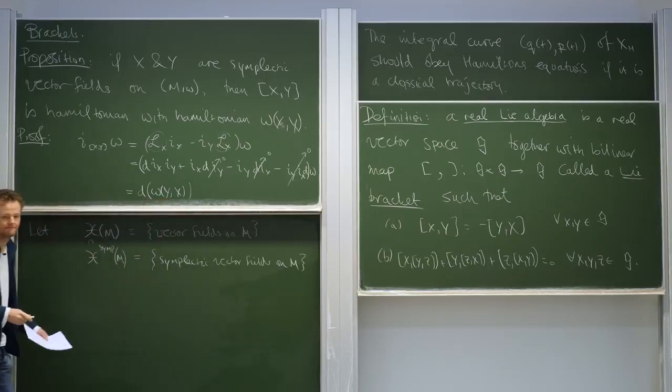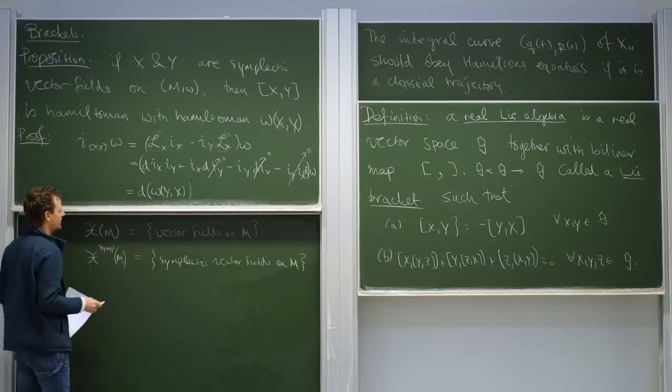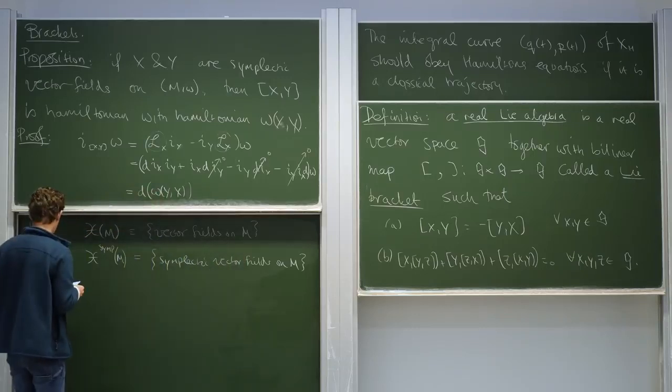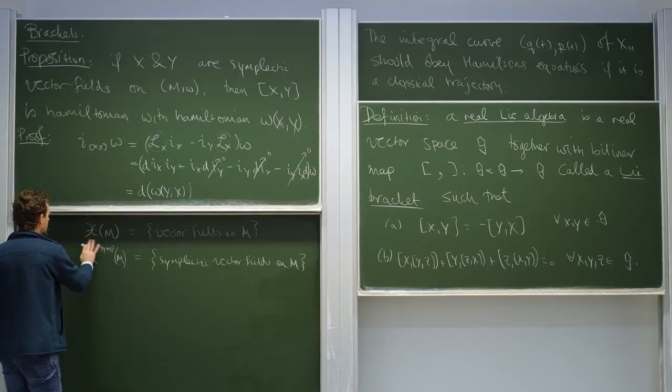So there's an inclusion there. Every symplectic vector field is a vector field, but not the other way around. The inclusion goes that way. And then we have a third class of vector fields, namely Hamilton vector fields.